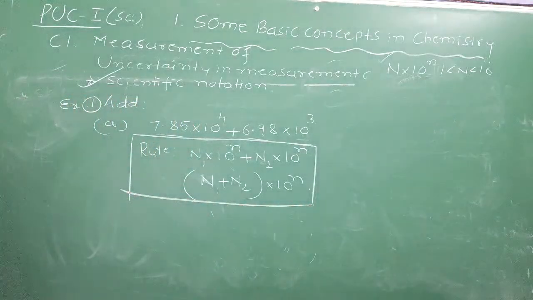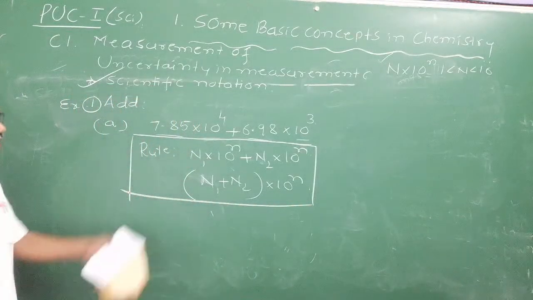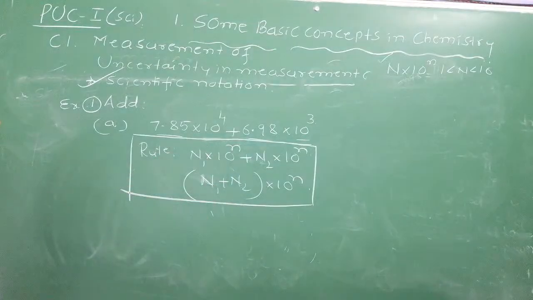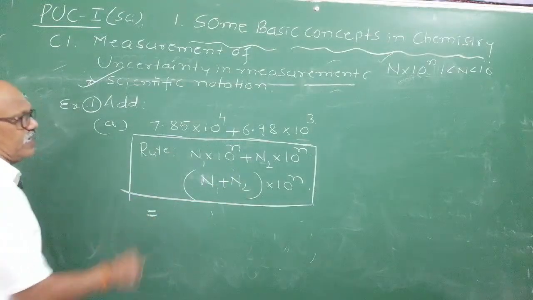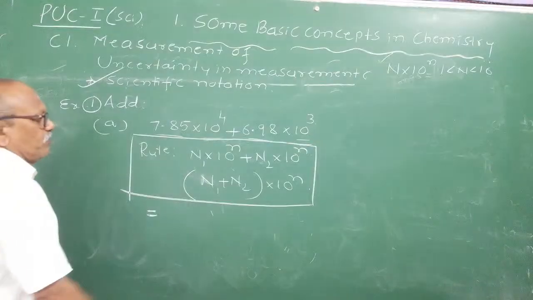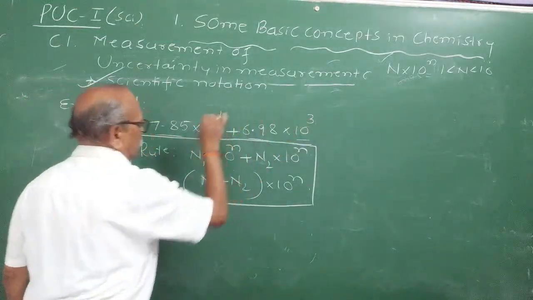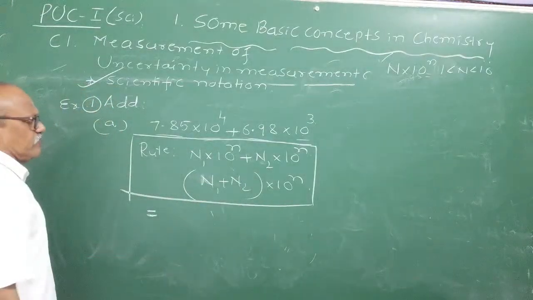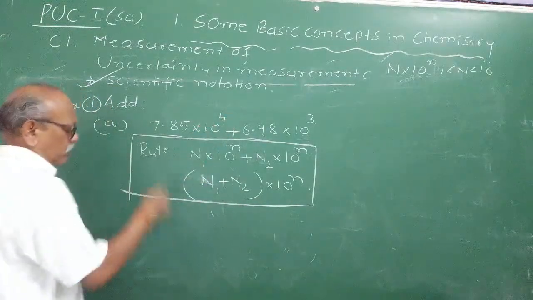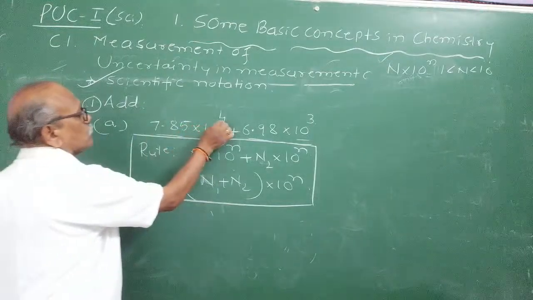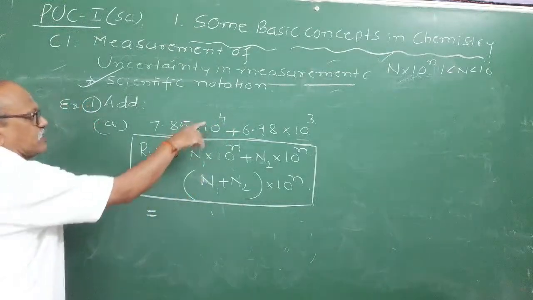Many times you come across this in calculations in the laboratory, or while solving problems in physics and chemistry. It means you have to make both of them to the power 4 or to the power 3. You can do it both ways. Let me make it to the power 3. To make it to the power 3, you must subtract 1 from it.